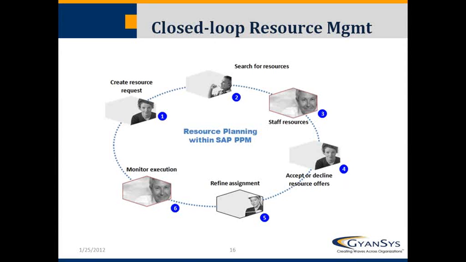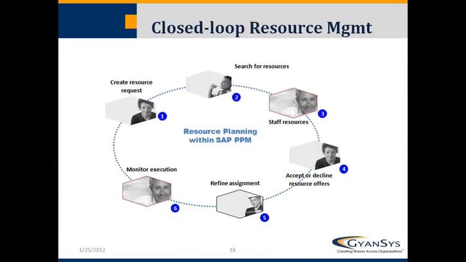The project manager can accept or decline that offer, and there are some options there for hard booking and soft booking of resources as well. Now you can then assign the resources to specific tasks within a project. You don't have to, but you can, and again we'll look at that later on.